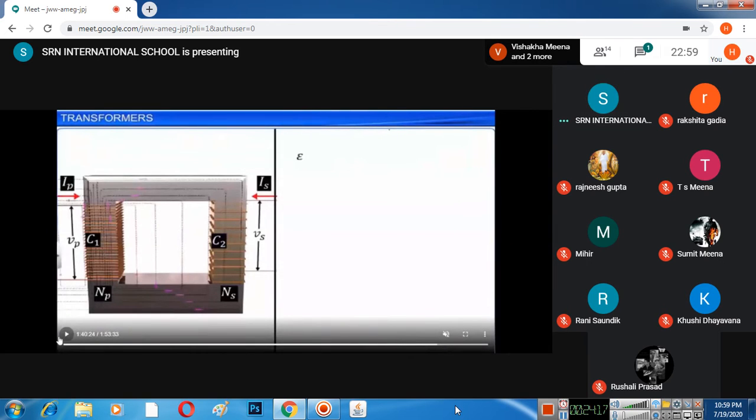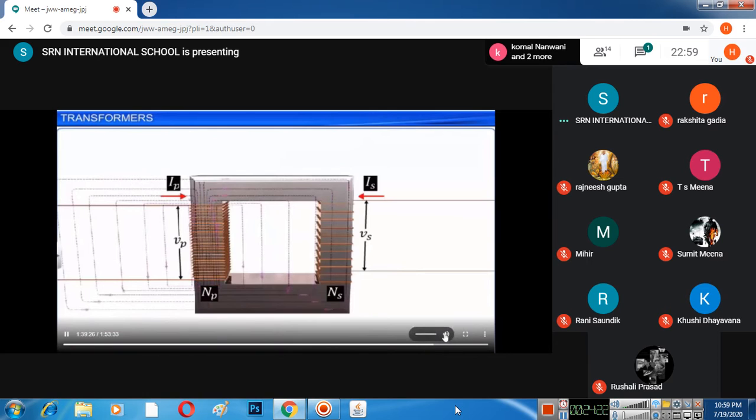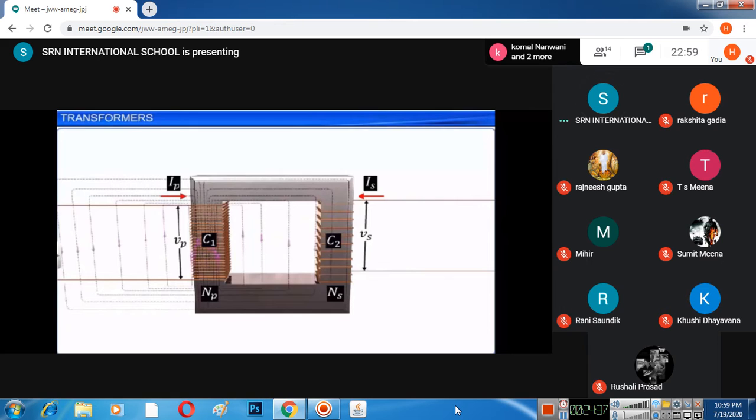Basically, this is a transformer. A transformer comprises two coils, C1 and C2, insulated from each other. These coils are wound over a soft iron core.